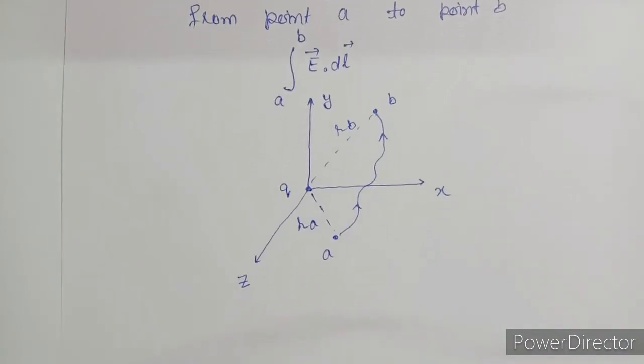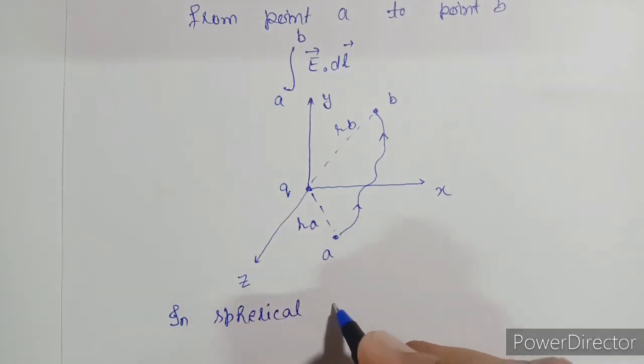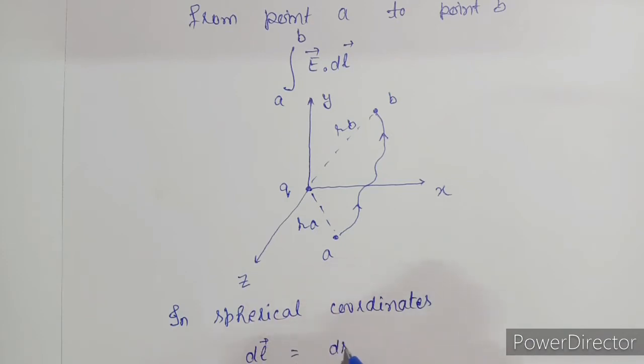Okay, so here in spherical coordinates, dl is equal to dr r cap plus r d theta theta cap plus r sin theta d phi phi cap.